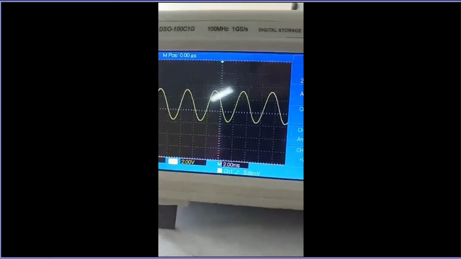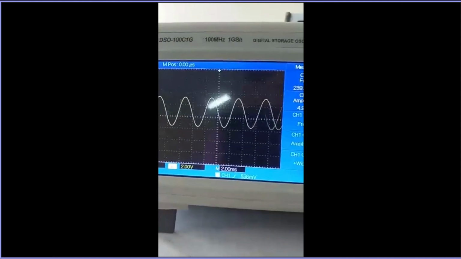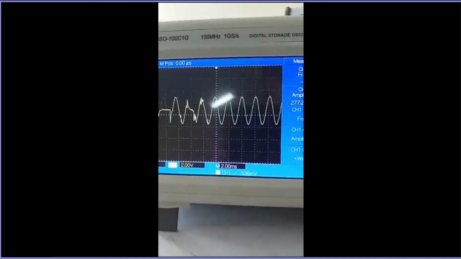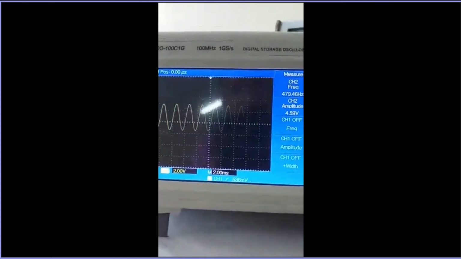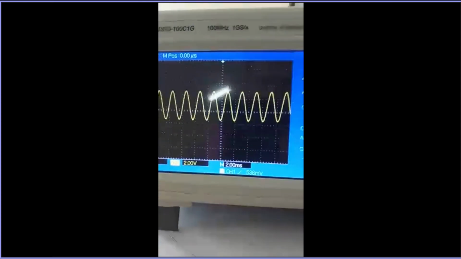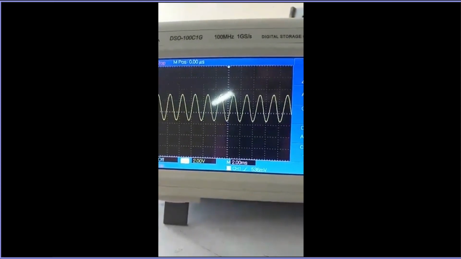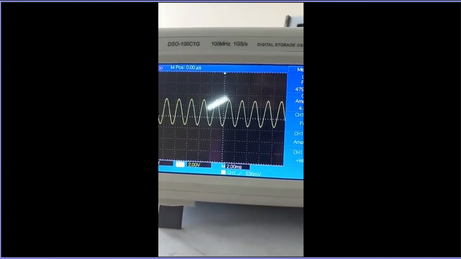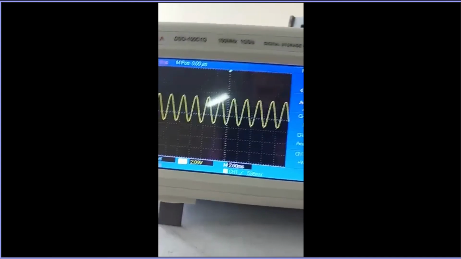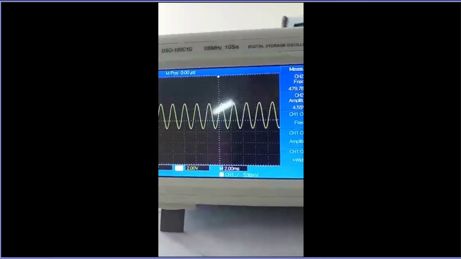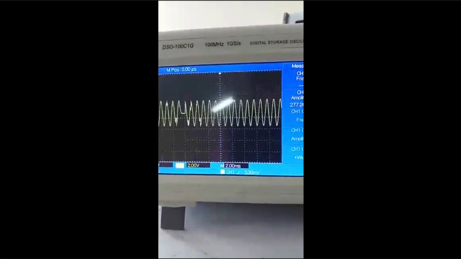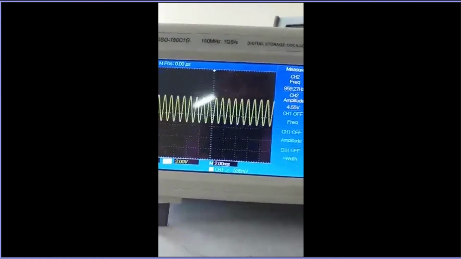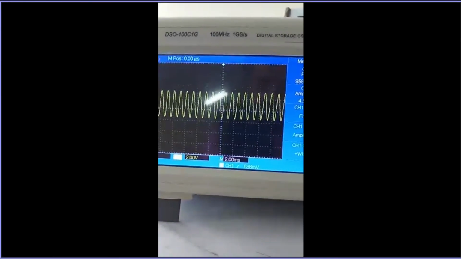Likewise, this is the output for channel number 0. Now this is channel number 1, that is 500 hertz. Please take a snapshot. Channel number 1 output, 500 hertz. Channel number 2 output, that is 1 kilohertz.